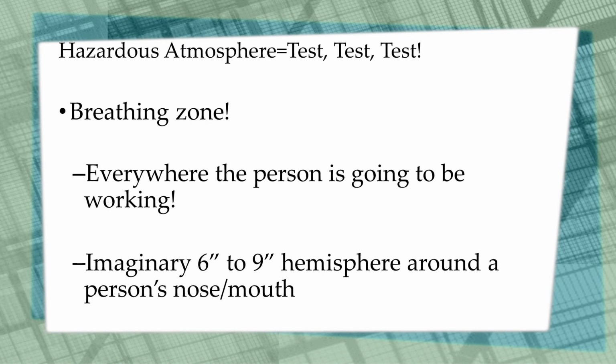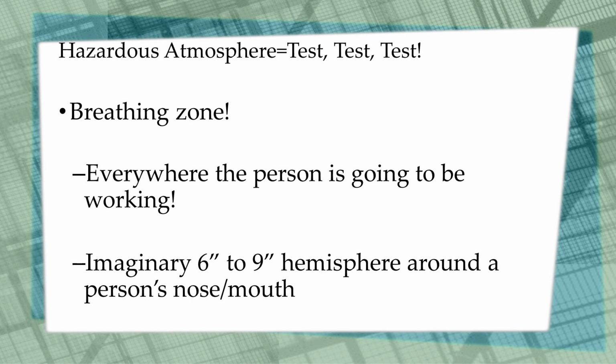Now, a breathing zone is just a fancy phrase, really, for an imaginary hemisphere around a person's nose or mouth. And typically it's 6 to 9 inches from shoulder to shoulder, where a person can turn their head to the right or the left.